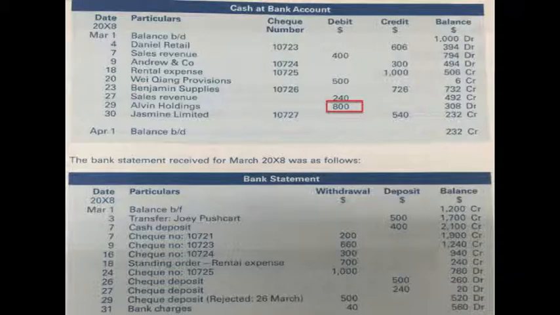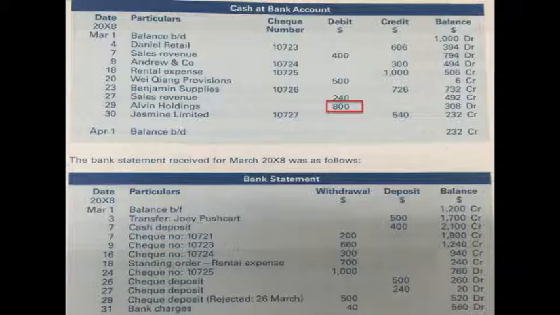Last but not least, we go back to our cash book, and we realize that there's a debit of $800 from Alvin Holdings, which means that this trade receivable has paid us. However, the bank statement does not reflect that. This shows that this check hasn't been credited into the bank as a deposit, so the bank wouldn't have known the existence of it.